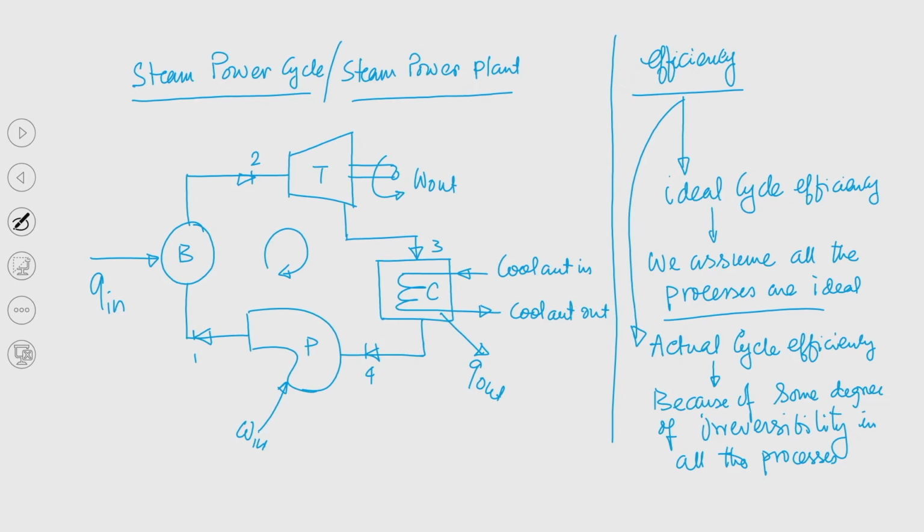The net work output is nothing but something that we will discuss, but in this circuit, what is the positive work? If we think that this is the positive work we are getting, this work can be viewed as the negative work that is being supplied to the cycle.